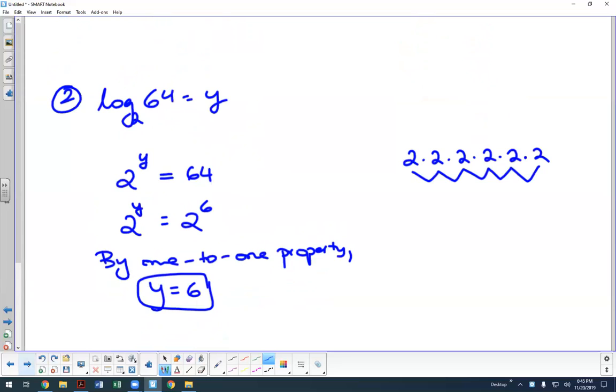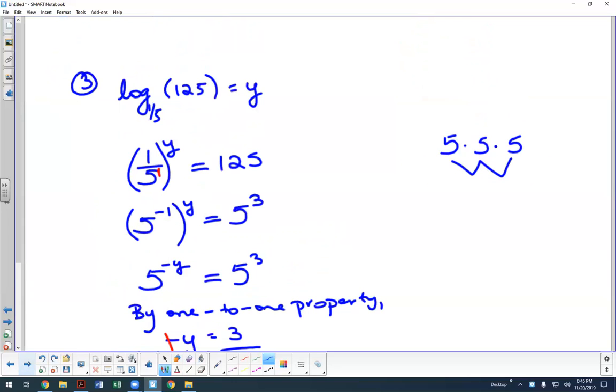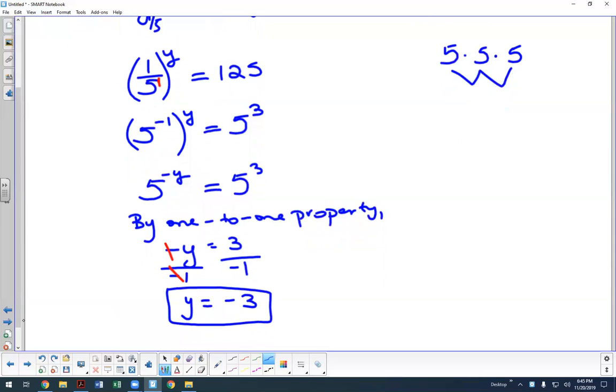When they were both on the same side, we didn't have to move anything. It ended up giving us a positive value for y. Here again, my base was a fraction, but this number was not a fraction, right? So when I have that difference, I again ended up getting a negative value for my y. So anytime you get one of the sides being a fraction, you're going to end up getting a negative value.